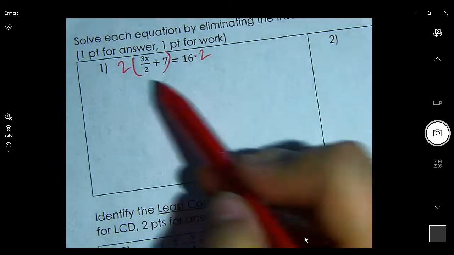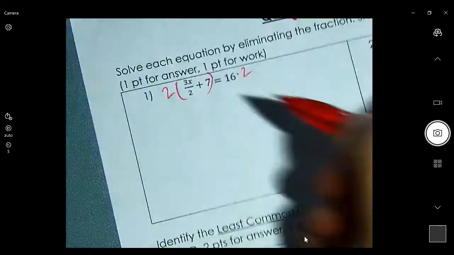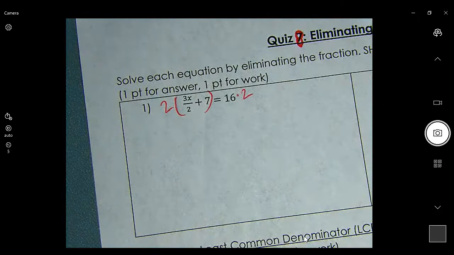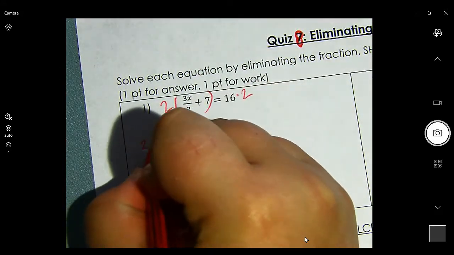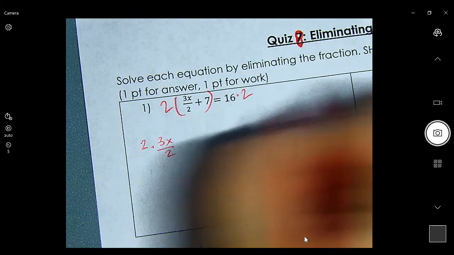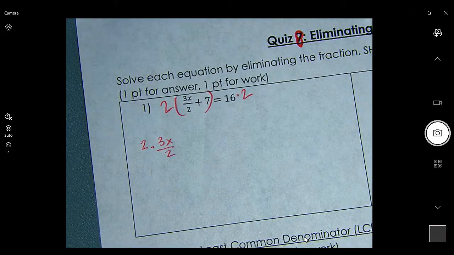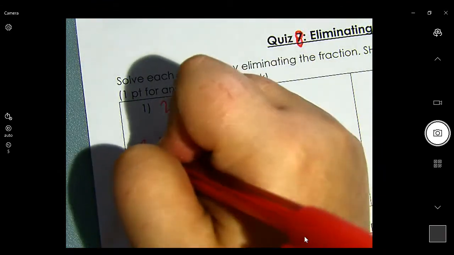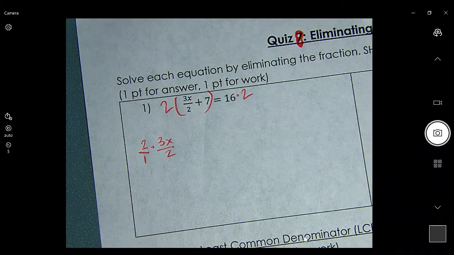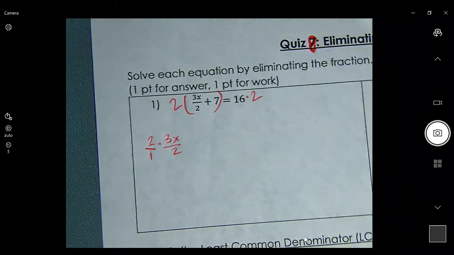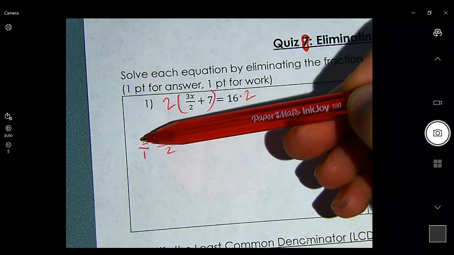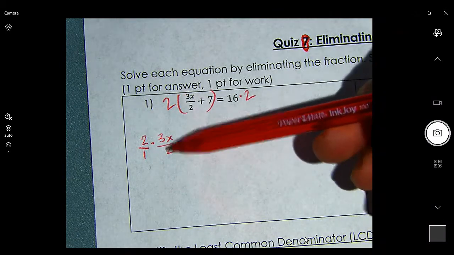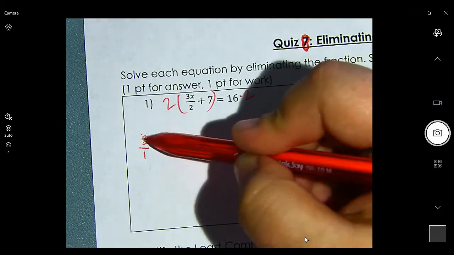All right, so here I have 2 times 3x. I'll go ahead and spell this out once for us all together. From here on out, I won't spend as much time doing this, but I have 2 times 3x over 2. Now remember, when we're multiplying a whole number like 2, I have to turn that into a fraction as well. Now you may remember that if I have the same number in the numerator of one fraction and the denominator of the other, then those just cancel out.